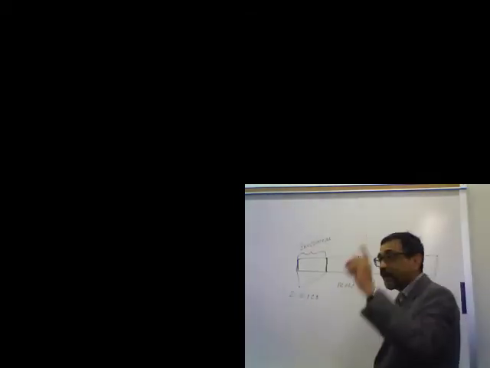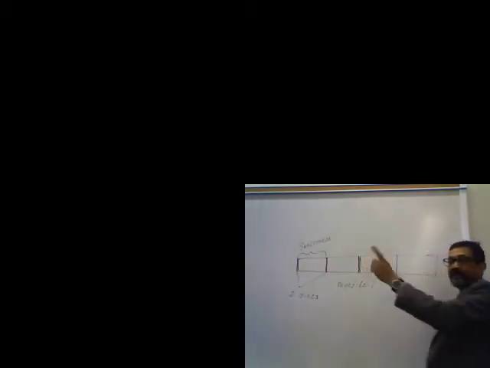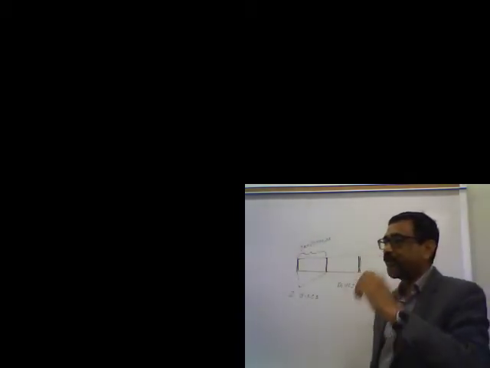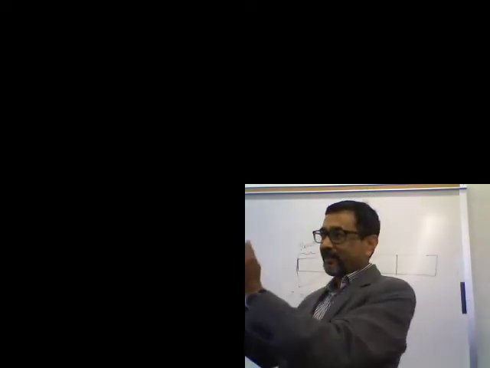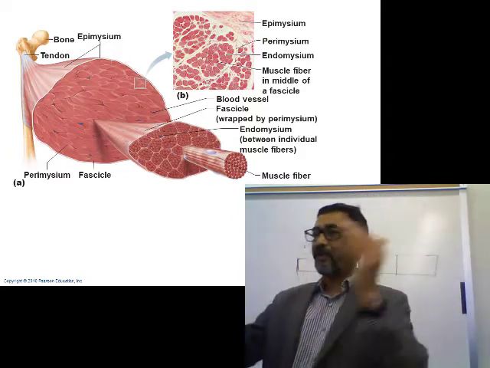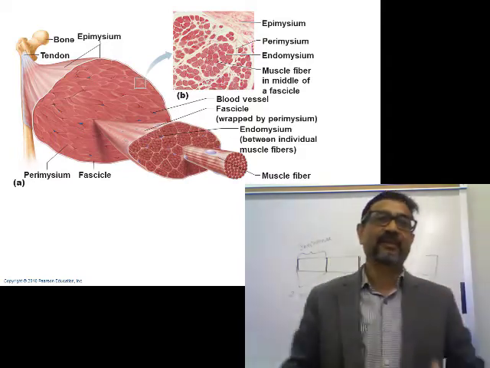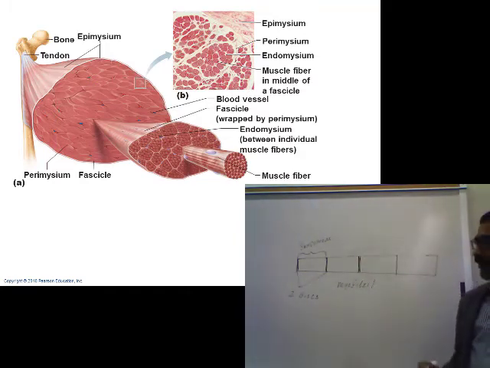So you see where the contraction starts: in the sarcomere. That's why it is the unit of contraction or muscle function. You see how beautifully the skeletal muscle is designed. Shortening occurs first in the sarcomere, then myofibrils, then muscle fibers, then fascicles, then the whole muscle. That's how muscle contraction occurs.